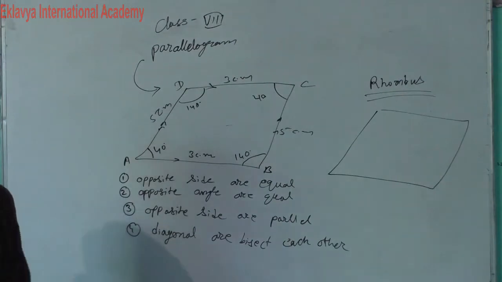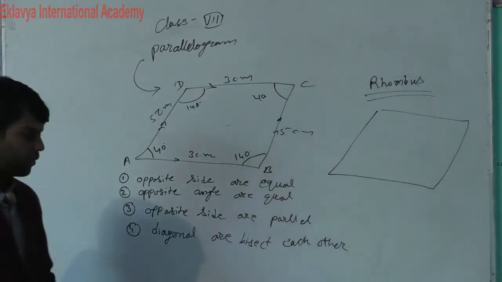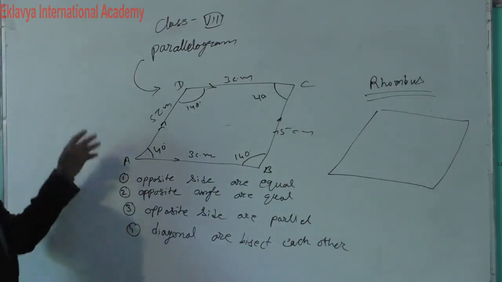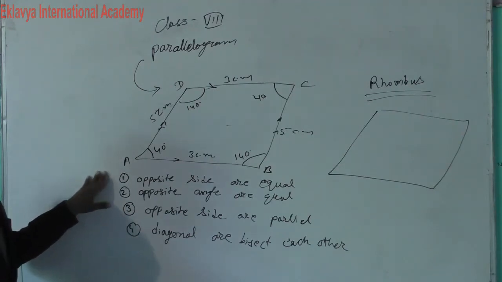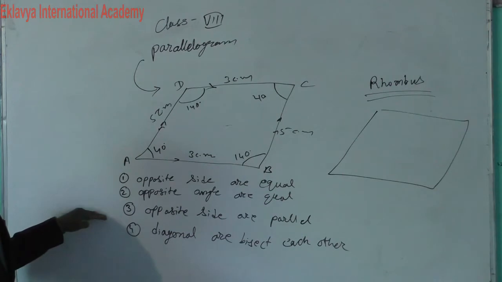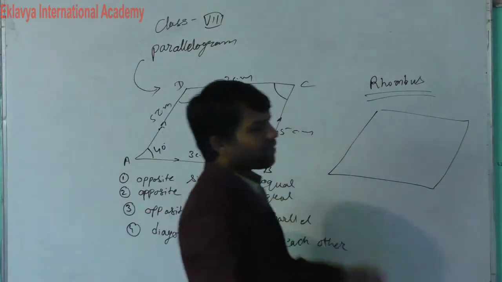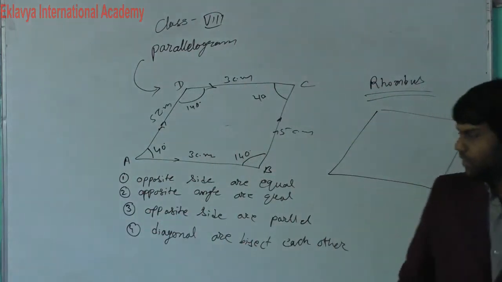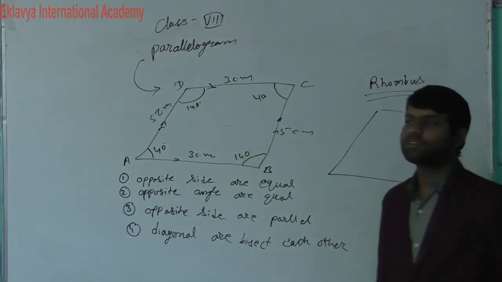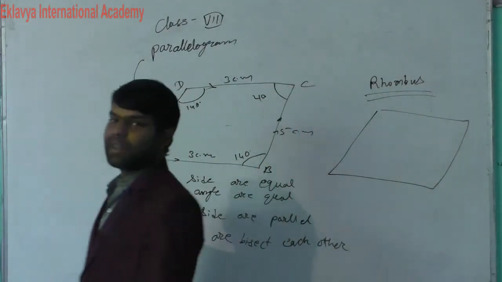Write these properties in your notebook and learn these properties. In the parallelogram we have opposite sides are equal, opposite angles are equal, opposite sides are parallel, and diagonals bisect each other. In the rhombus we also have these 4 properties because a rhombus is also a parallelogram.